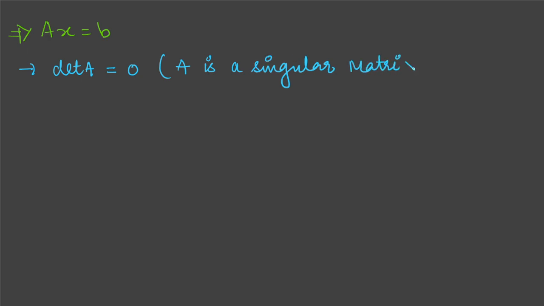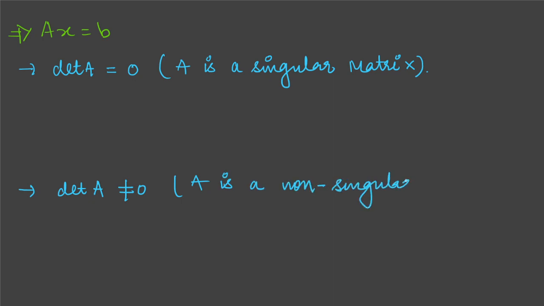And in case the determinant of this coefficient matrix is non-zero, we call A a non-singular matrix. When the determinant of the A matrix is non-zero, we always say that we have a unique solution.